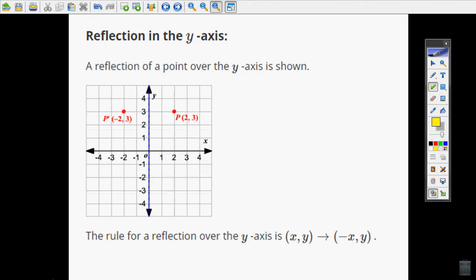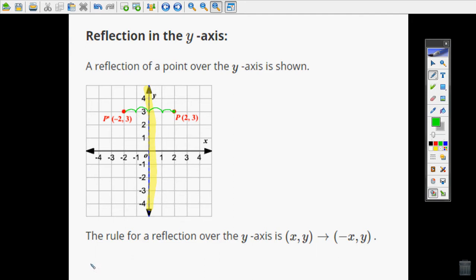All right, so now let's look at a reflection over the y-axis. This is not a straight line, but that's the y-axis right here. So again, the original point P at (2, 3) is 2 away from the line of reflection. When we reflect it, P prime is also going to be 2 away from the line of reflection.